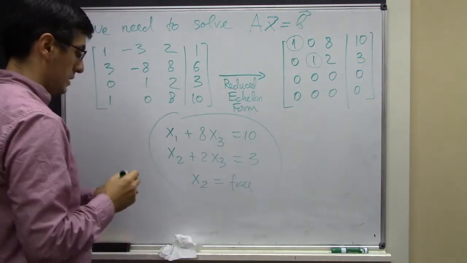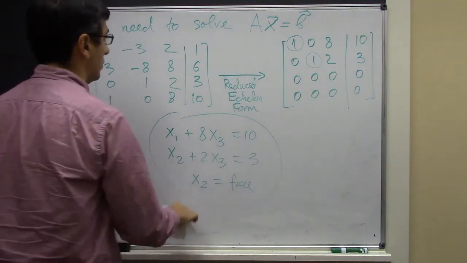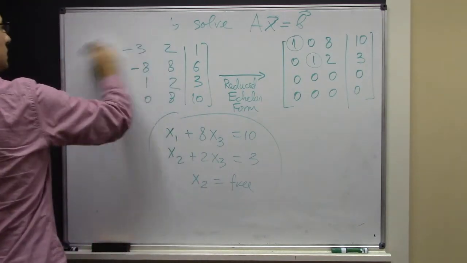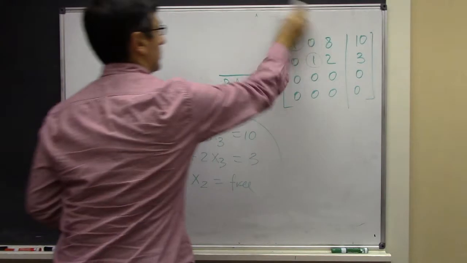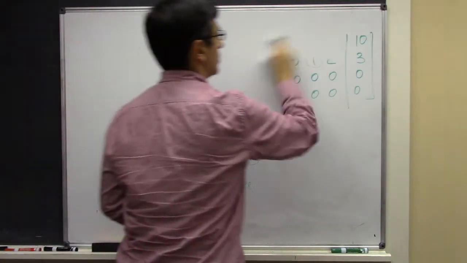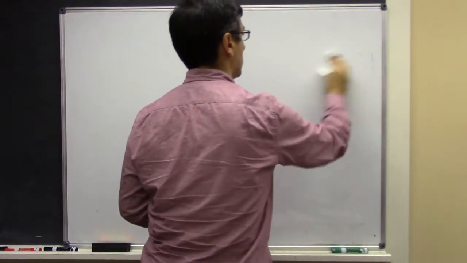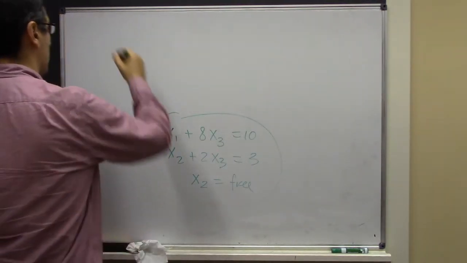This is the corresponding system, but we're not done yet because we really want to find a vector that maps to b, and for that we will write this in parametric vector form.